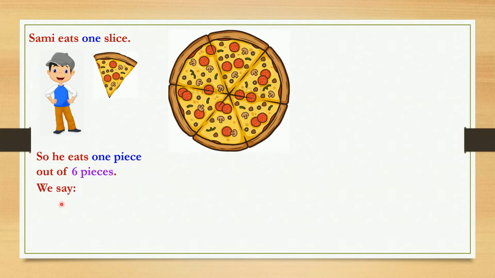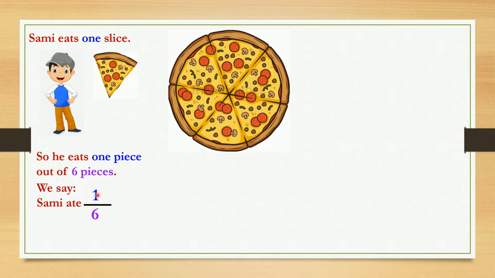We can say this sentence in a different way. He eats one piece out of 6 pieces. We can say Sammy ate one piece out of 6. We write it 1 over 6.